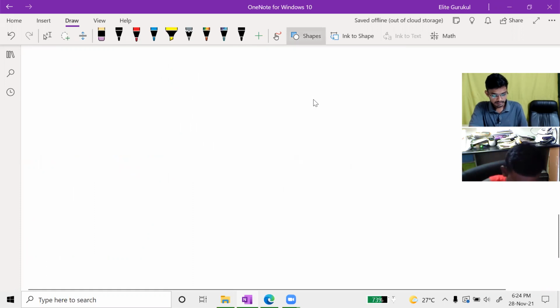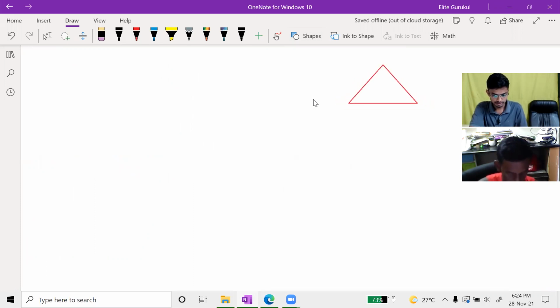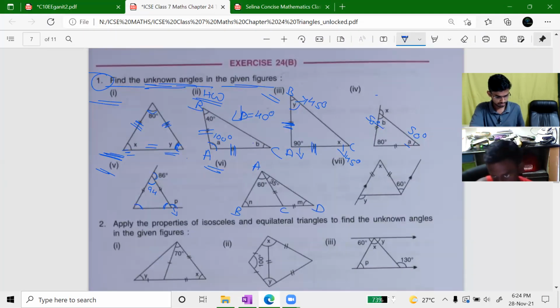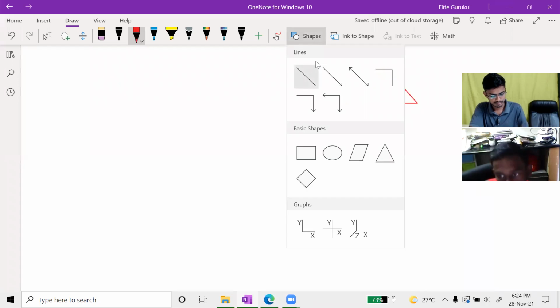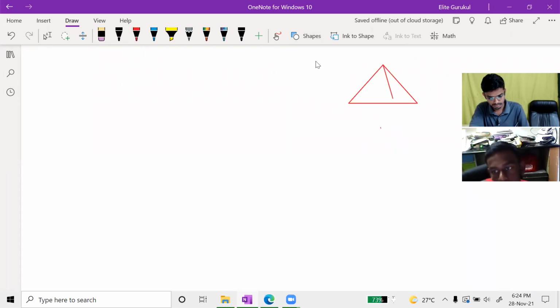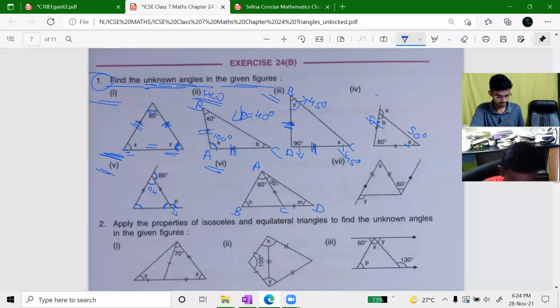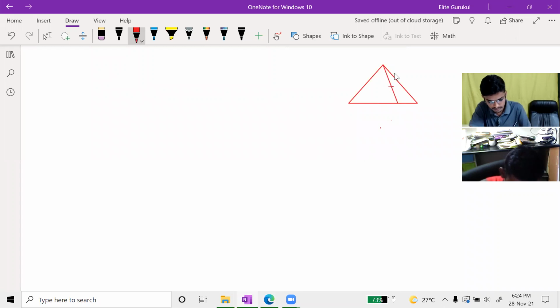So, your triangle is something like this, right? Like this it is there, na? And they have said this is equal to this.